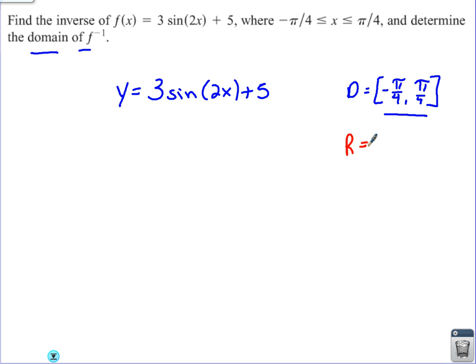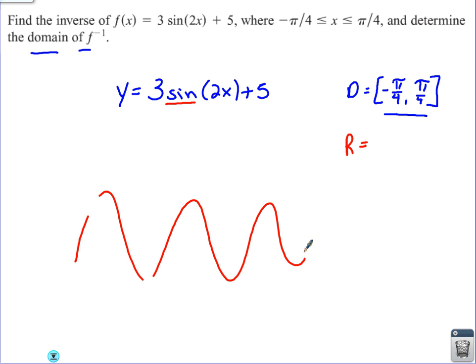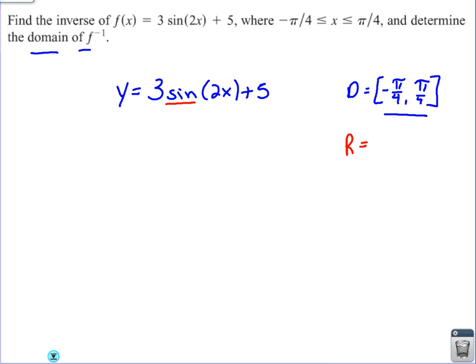Normally, your range for sine is from where to where? Remember what sine looks like? Negative 1 up to positive 1. That makes sense. But we've got some transformations here, and this is another reason we go over transformations. This range has been made 3 times taller, and it's been moved up 5 units. So let's take our negative 1 to positive 1 and stretch it 3 times.